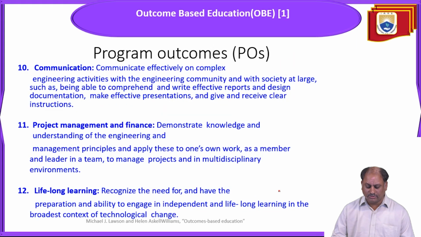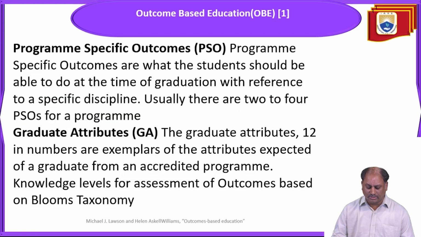Program specific outcomes are also important, what is to be learned at the time of graduation with respect to the specific discipline. These can be verified, and generally we can write 2 to 4 PSOs for each program. So for a particular program, the program specific outcomes are to be written.